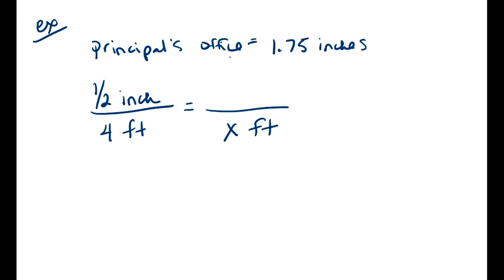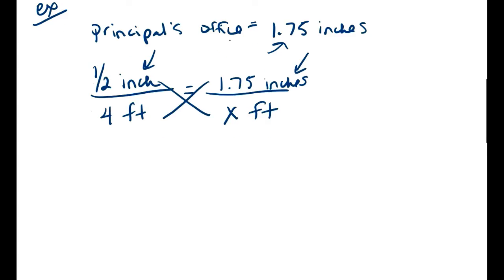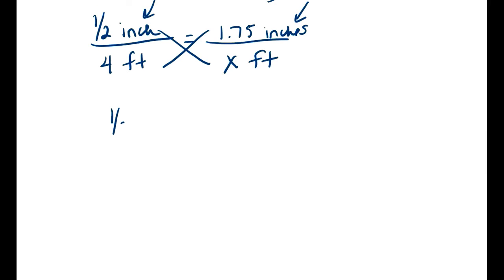So again, they give me the number 1.75 inches, and inches has to go on top again because my inches is still up top here. And once I set that up, then I'm able to set up my cross products. So I get 1/2 x equals 4 times 1.75. And hopefully you guys did some review of multiplying fractions yesterday.